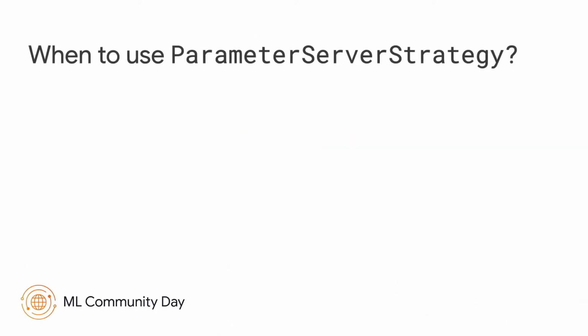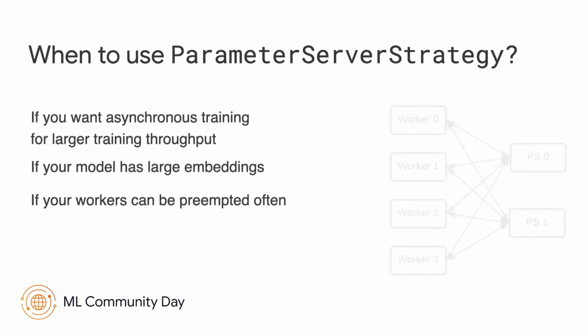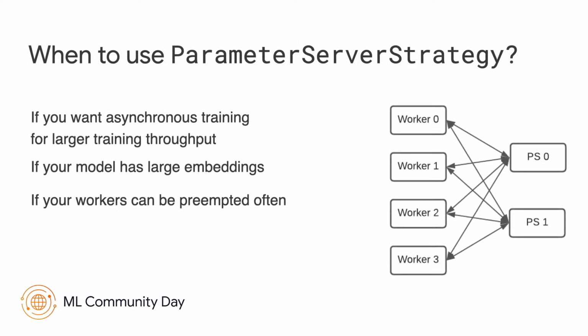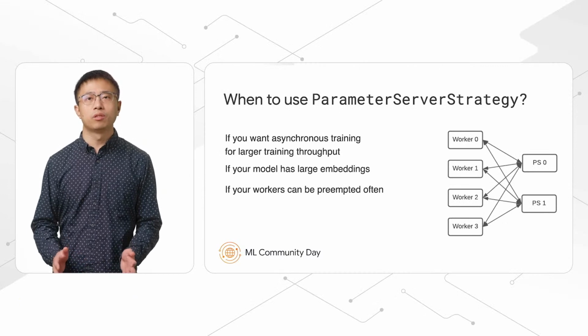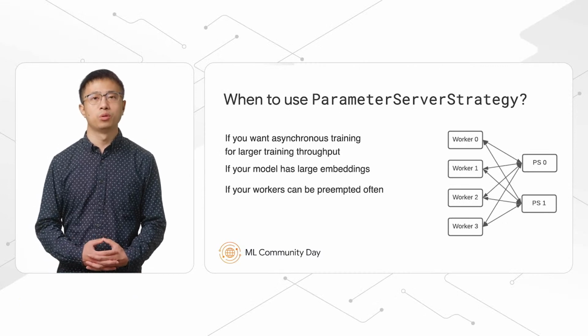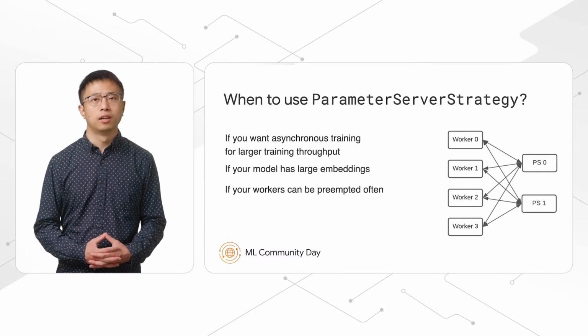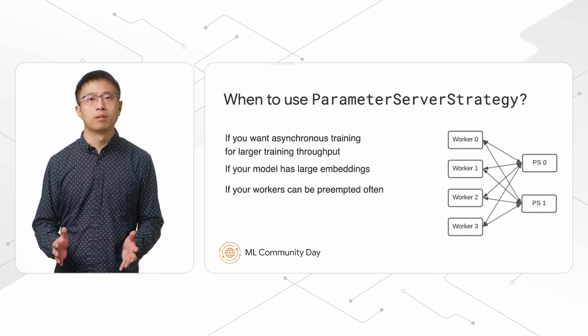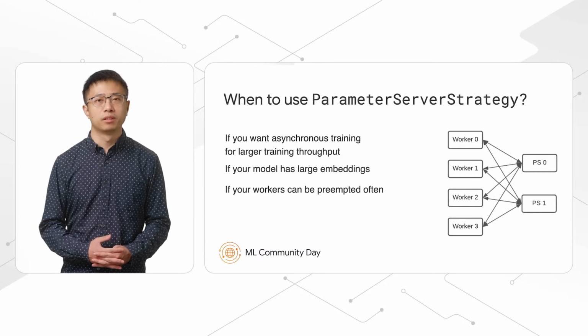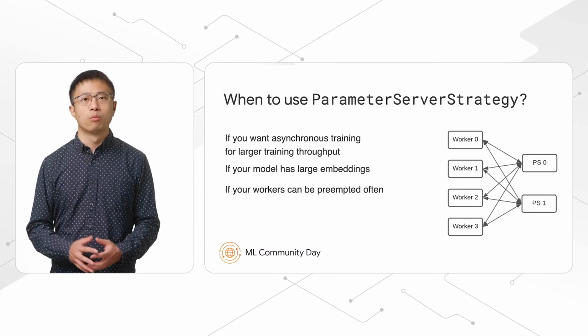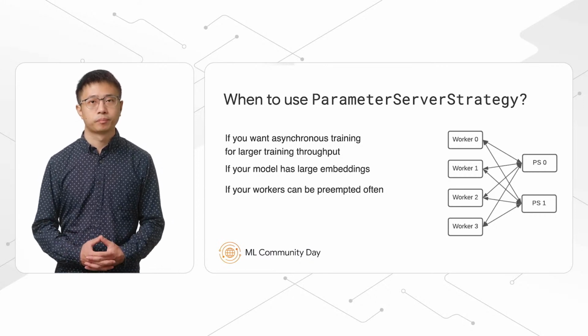When do we use ParameterServerStrategy? It has its own use cases. If you want asynchronous training to get a larger training throughput, or if your model has large embeddings, or if your workers can be frequently preempted, you should consider using ParameterServerStrategy.